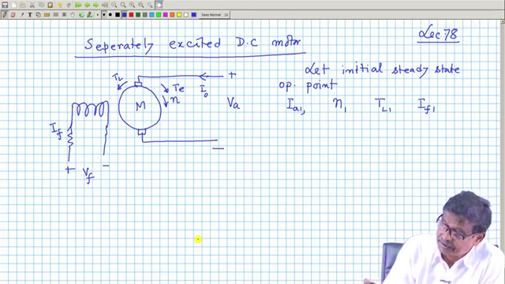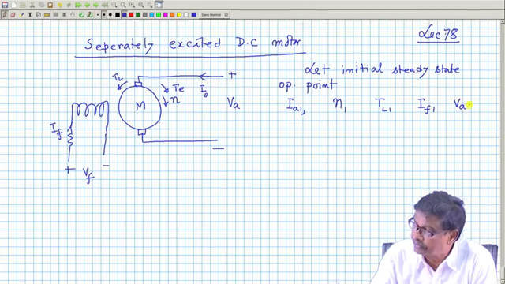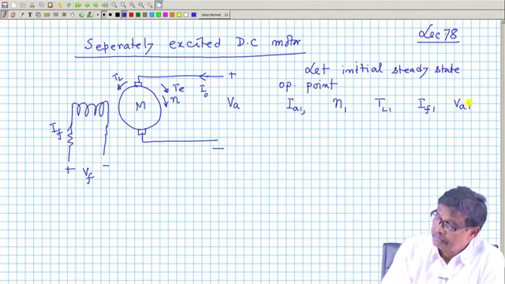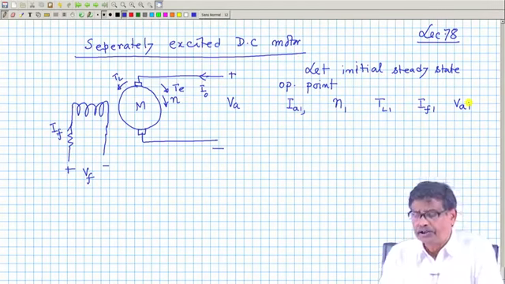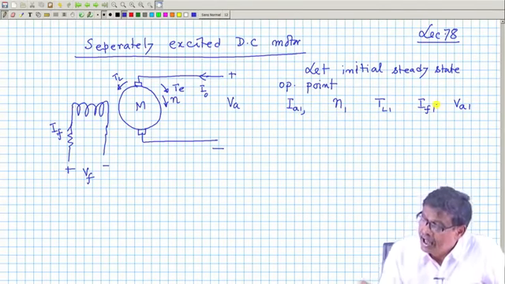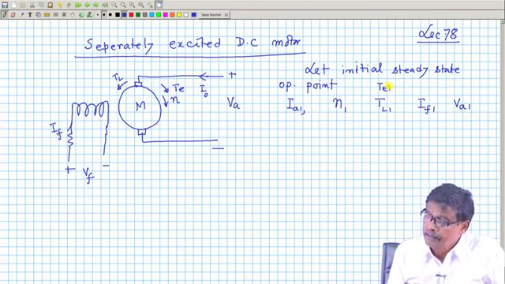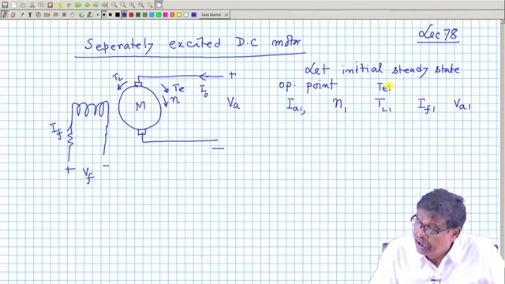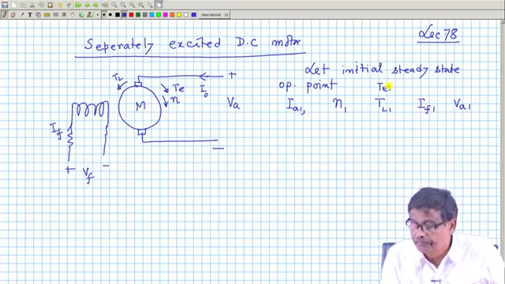Let me make it general, and the armature voltage applied is VA1. Got the point? Suppose the machine operates steadily with these, and the electromagnetic torque generated is T1. Therefore T1 and TL1 must be the same, that is why it is running steadily at this RPM.